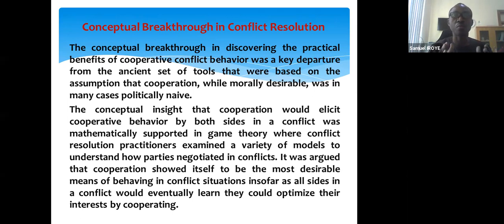So the major point in this theoretical breakthrough is that there is more benefit in cooperative conflict behavior as against competitive conflict behavior. Where people decide to cooperate to get out of their problem, they get a solution faster, and not only that, they have a lasting solution.